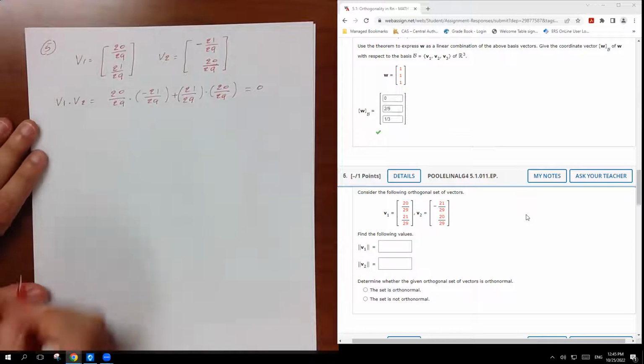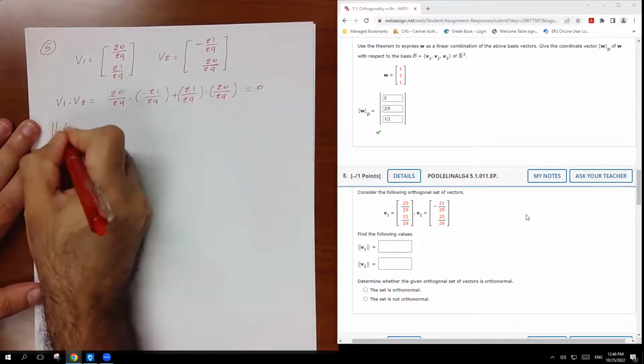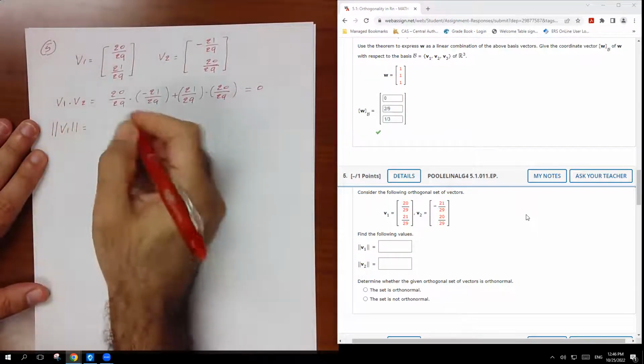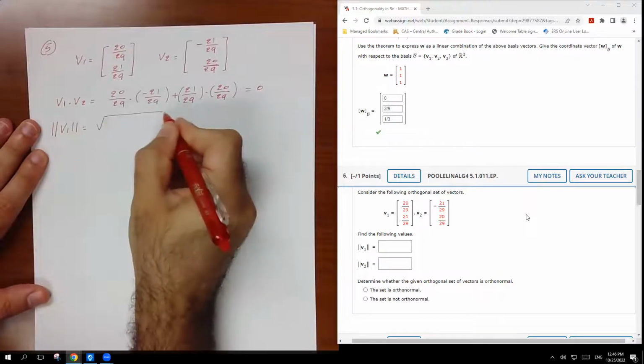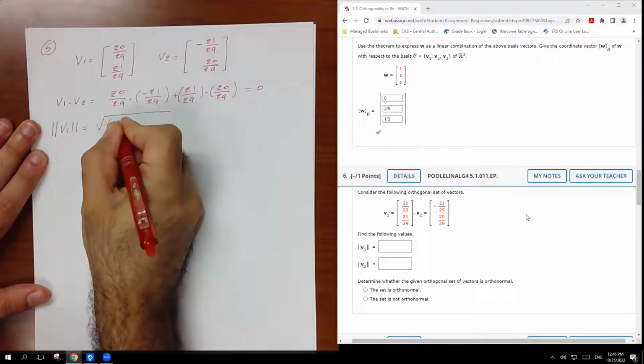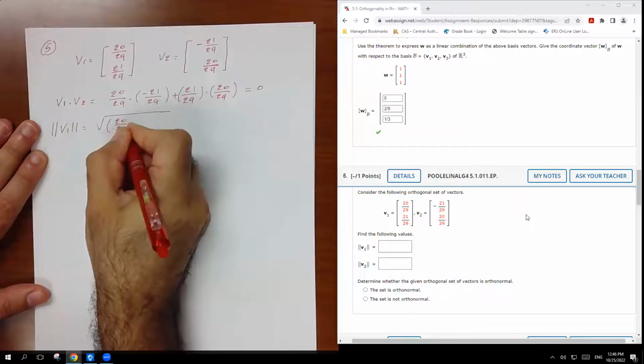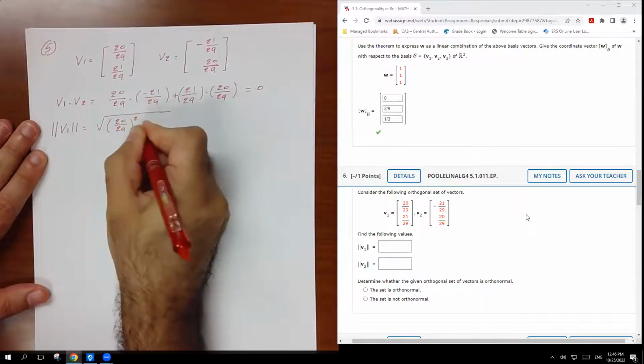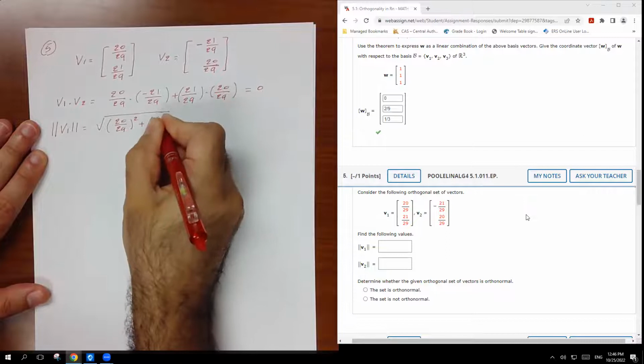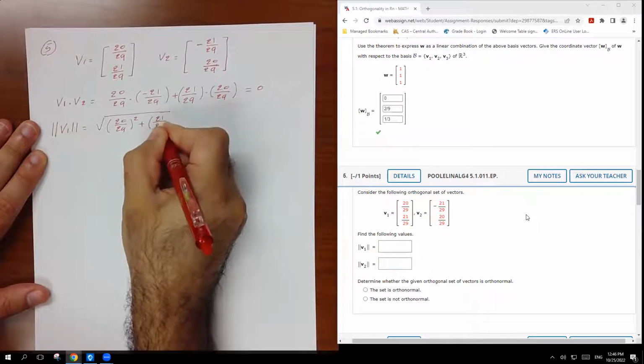Now we need to check the length of V1, which is equal to the square root of 20 over 29 squared plus 21 over 29 squared.